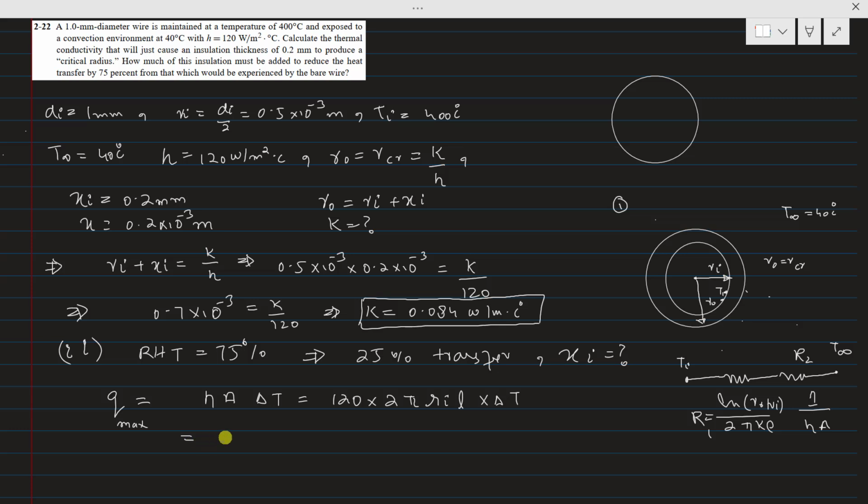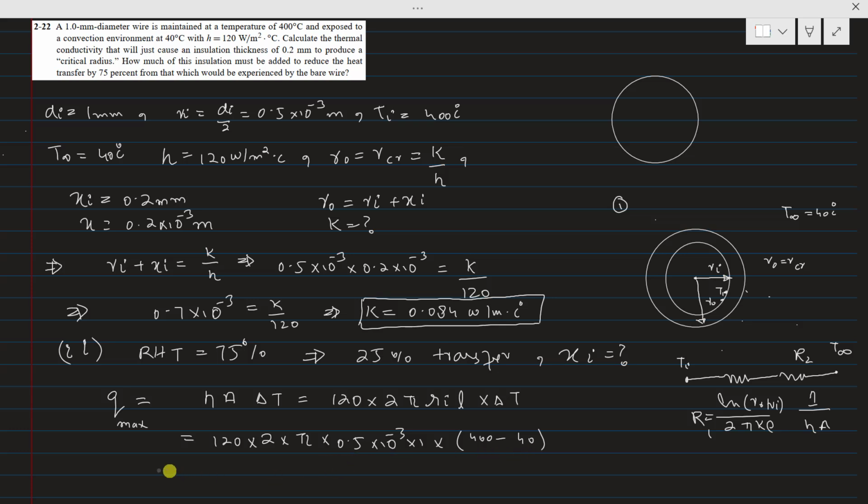So the things are very easy. Now just put the value: 120 multiplied by 2 multiplied by pi, and Ri is 0.5 multiplied by 10 to the power minus 3, L is 1, and temperature difference is 400 minus 40.